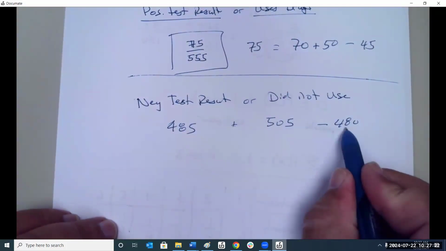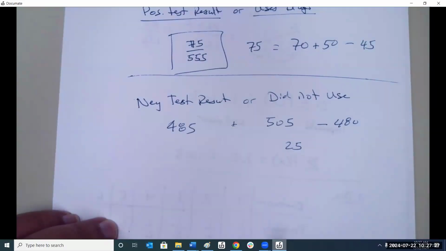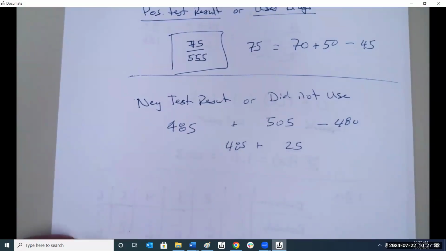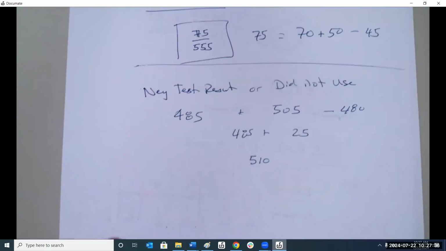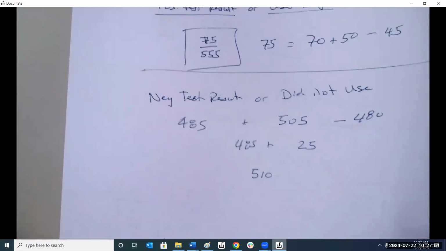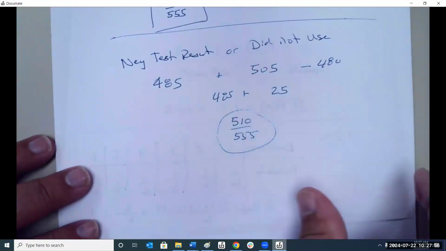So 505 minus 480 is 25, plus 485 is 510. Because we have a lot of overlapping data here, it doesn't mean it's the exact opposite. So it's 510 divided by 555. That's the probability.